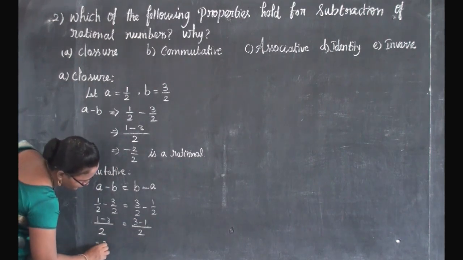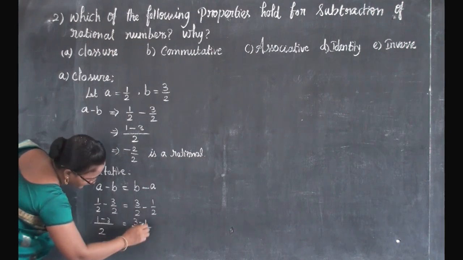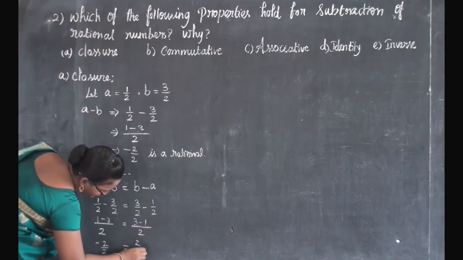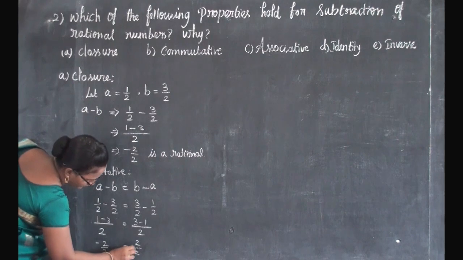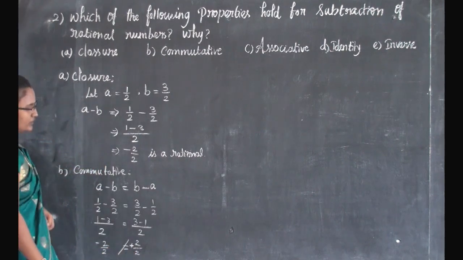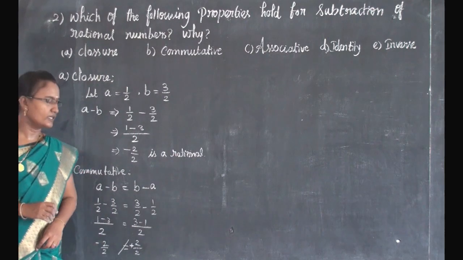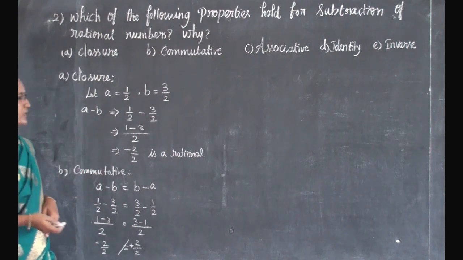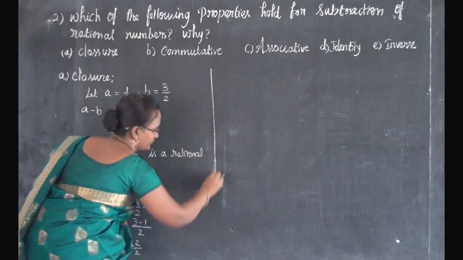Here -2/2 and here +2/2. So that is not equal. So commutative property is not satisfied under subtraction.